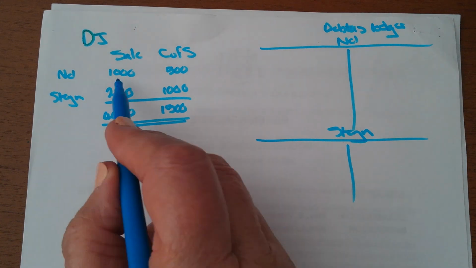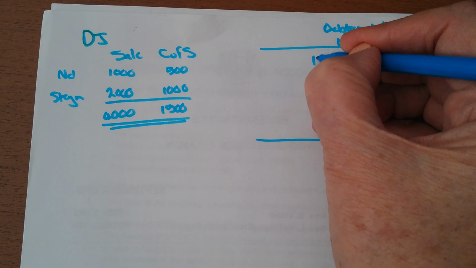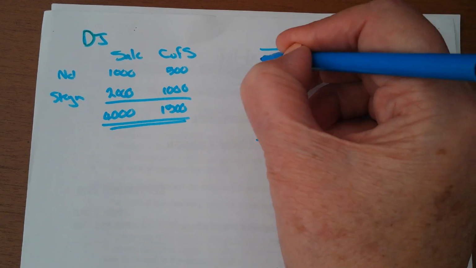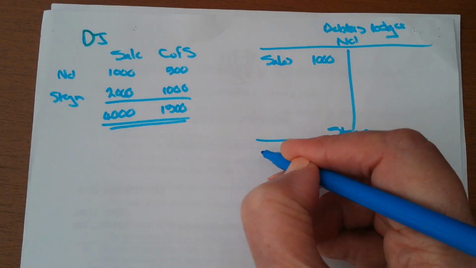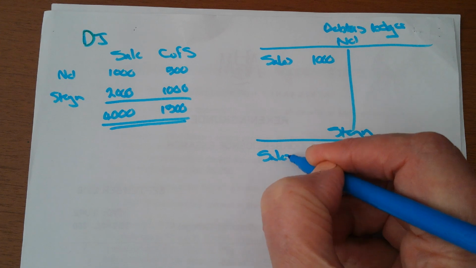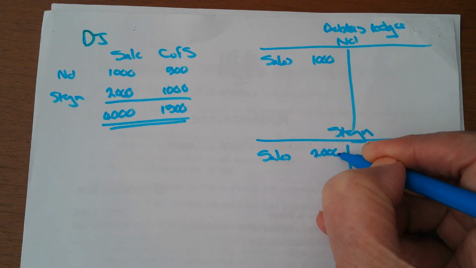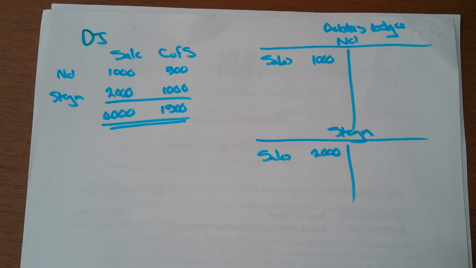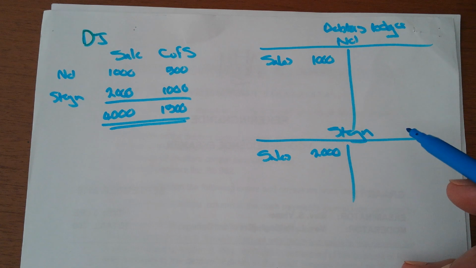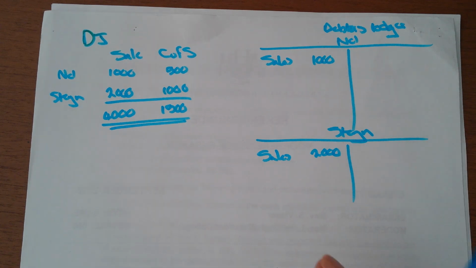So I will say that Nell owes us 1,000 rand for sales and Stain owes us 2,000 rand for sales. Then when they return goods or they pay money, we will record in their account any transactions that the business will have with these debtors.